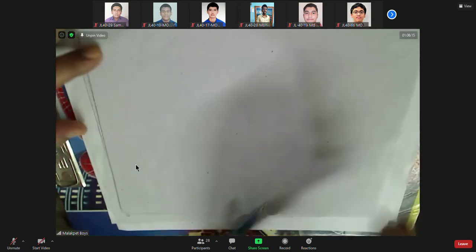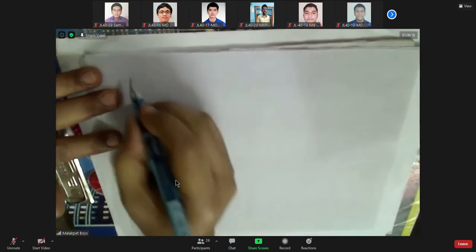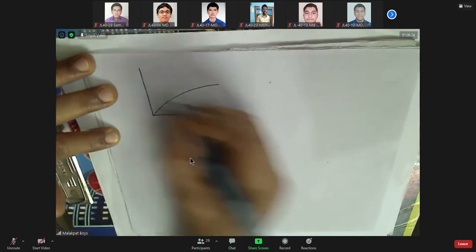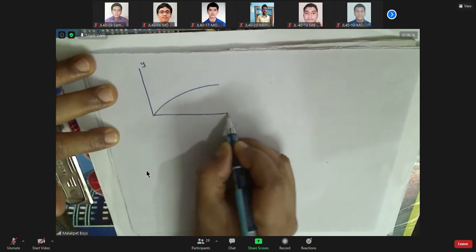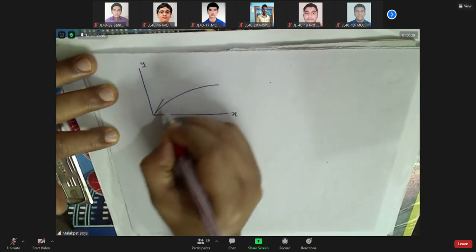So remember that. Suppose we have a graph like this. This is y variation with x. Now you can see what is happening to the slope. Increasing.